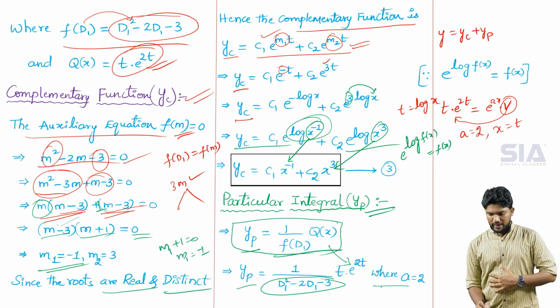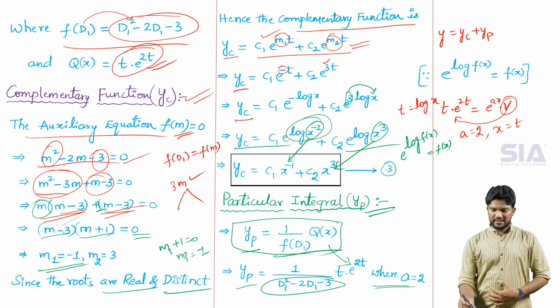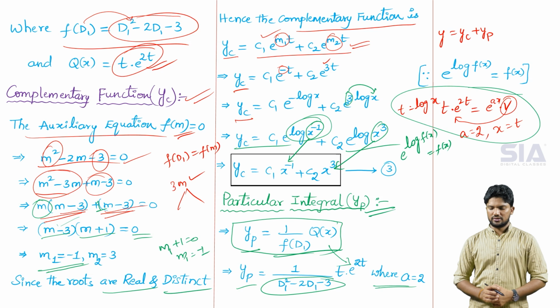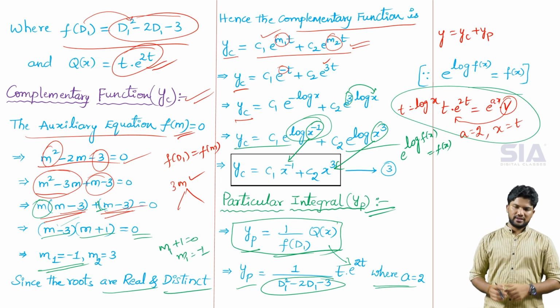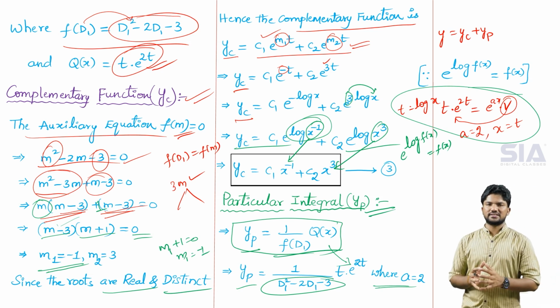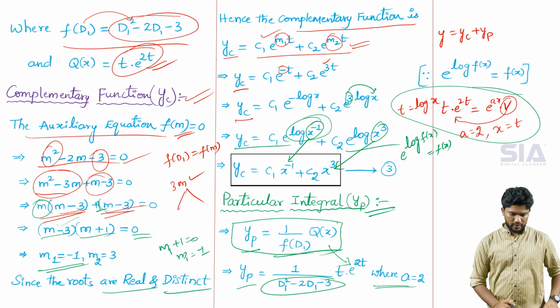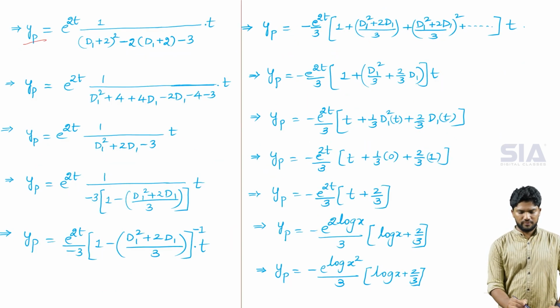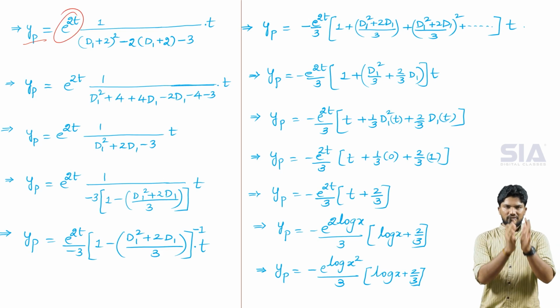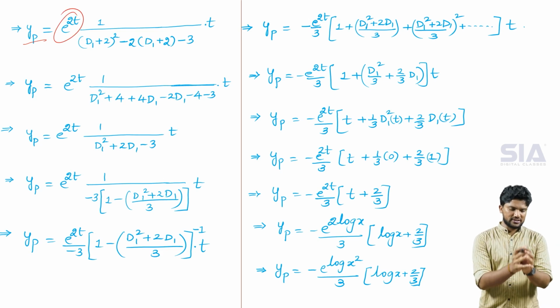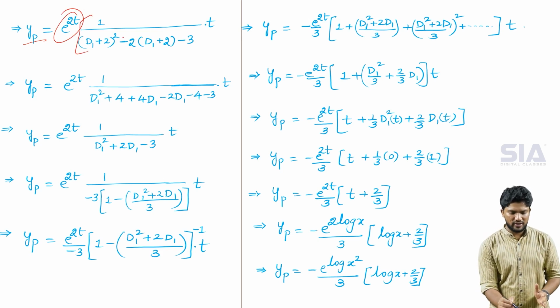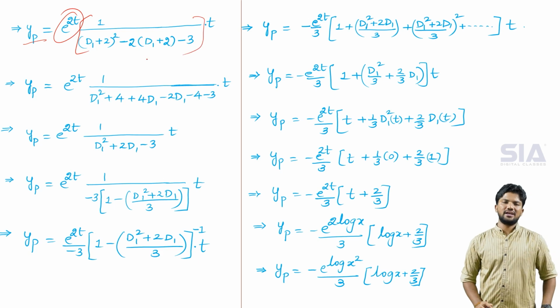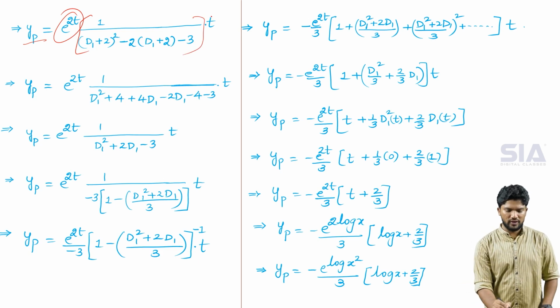It is in this format where small a is equal to 2. We discussed just now. So therefore Q of x is equal to e power ax into v format. So whenever you have that Q of x function in this format, y suffix p is equal to e power ax, write first, after that write 1 by f of D function, f of D into small v value.